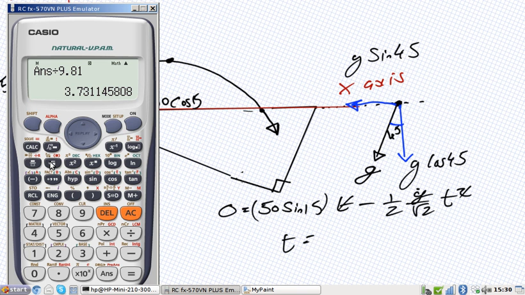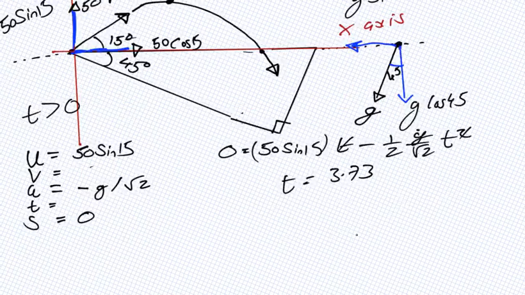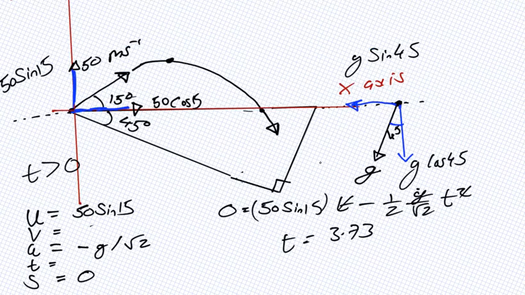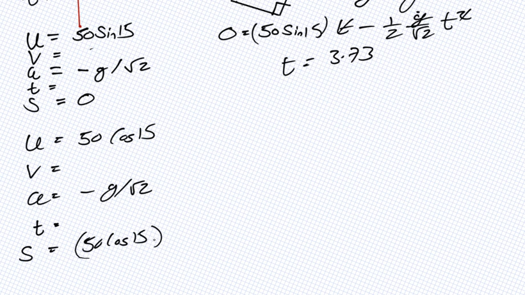Time of flight. What is the range? Okay, so for the range we have to look horizontally, so u equals 50 cos 15. The v we don't know. The a horizontally is decelerating with g sine 45, which is minus g over root 2. T we don't know, and s is what we want. So we'll go with s equals u t. Actually, sorry, we do know t, 3.73.